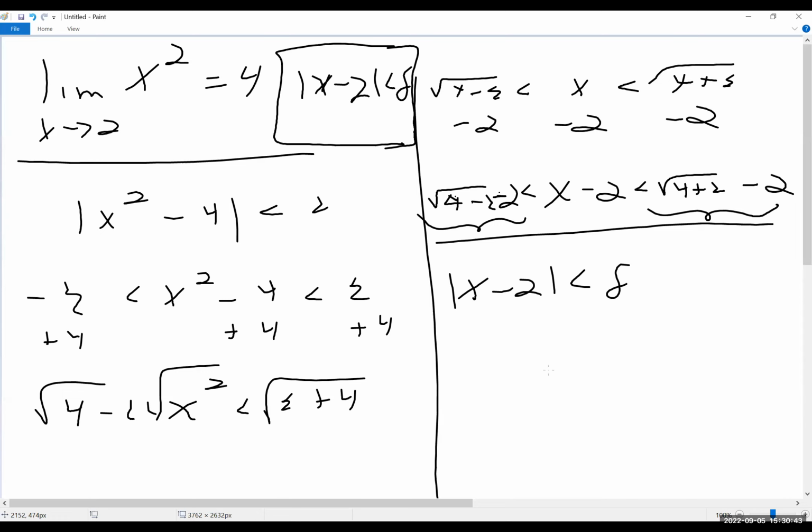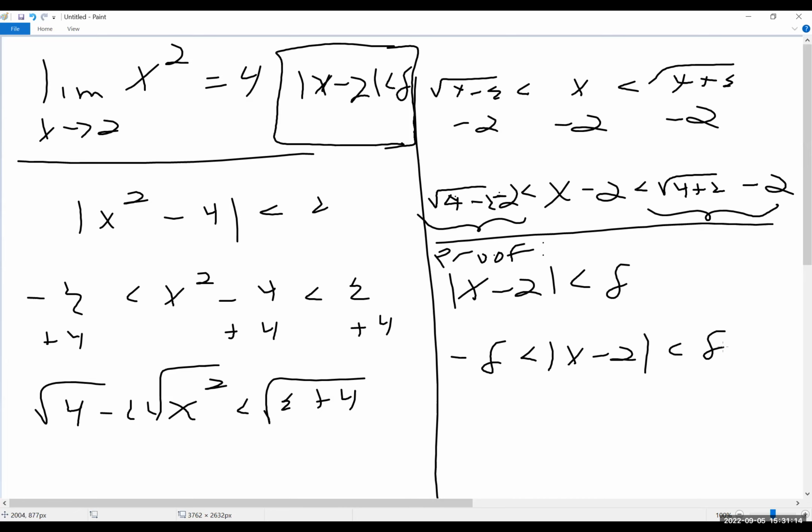And so I'm going to take this. So we're working on the proof at this point. We're done with the scratch work. Okay. And this is going to be less than minus delta. So I'm just taking this expression that we have worked with before, that's absolute value, and we're just rewriting it with a minus sign.